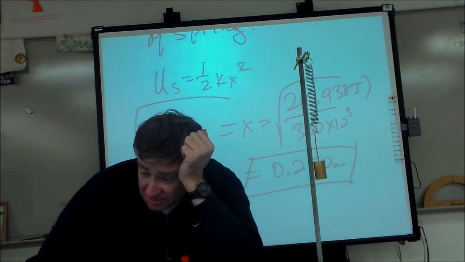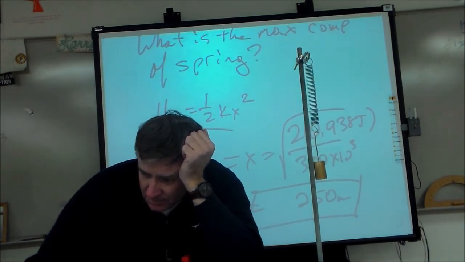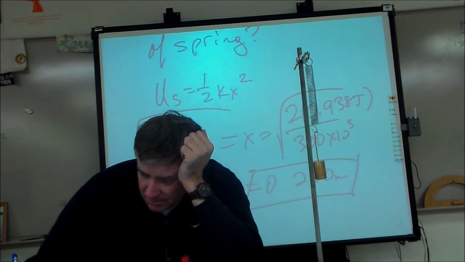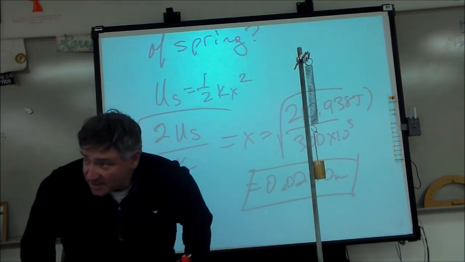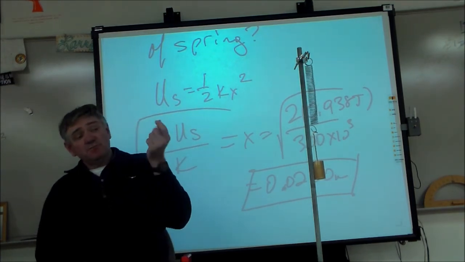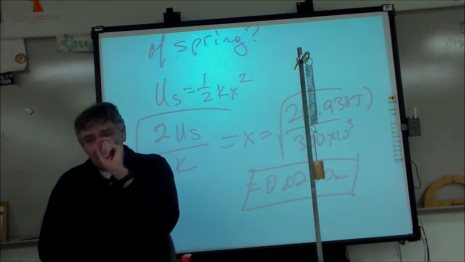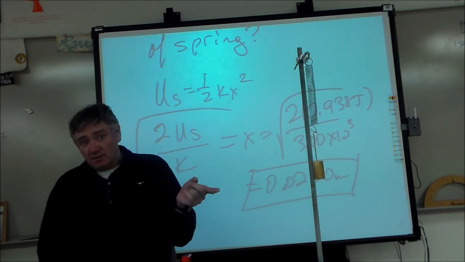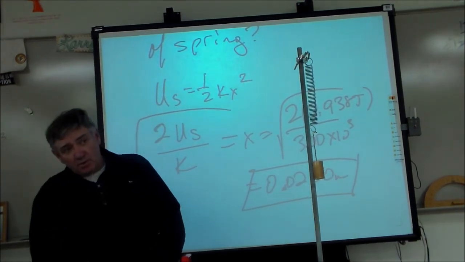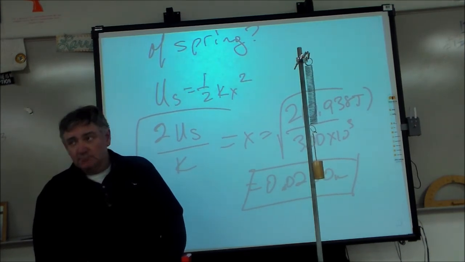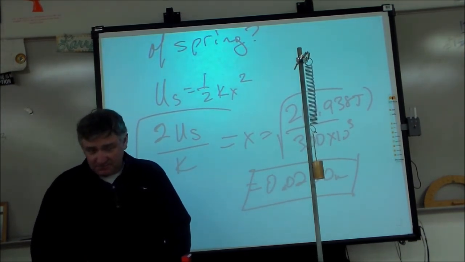Oh, there's another 0 in there I need. Now, hopefully that answer makes sense, because when it was 0.01 meters, we were still moving. So that answer had to be bigger than 0.01.